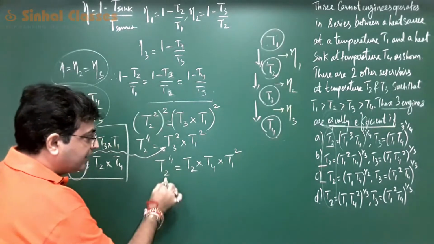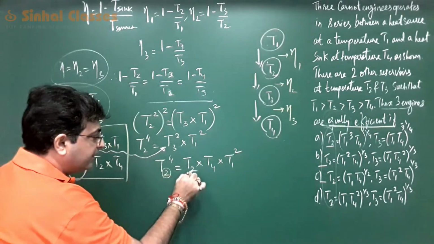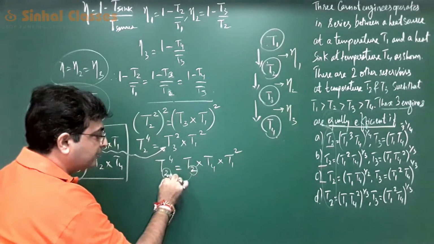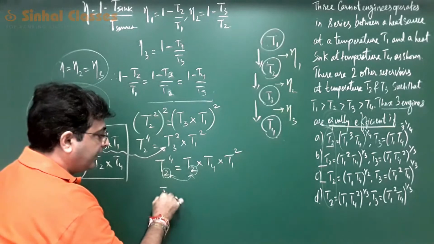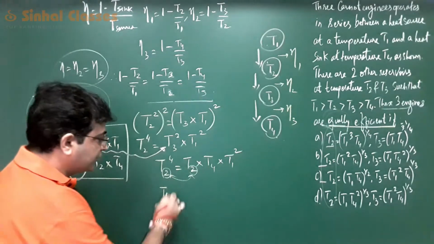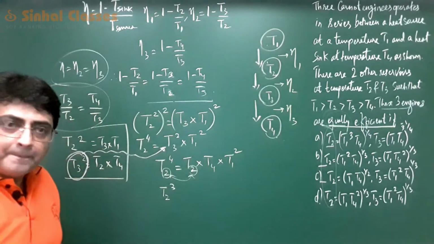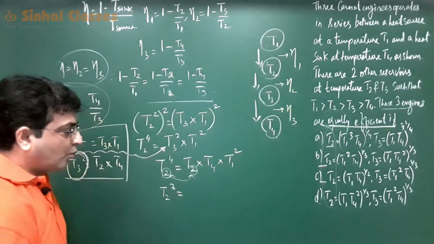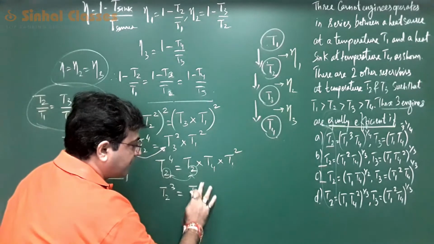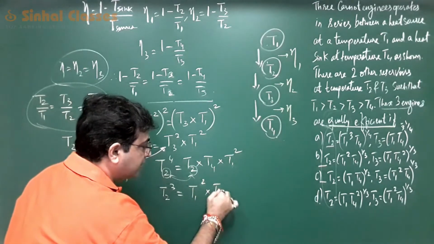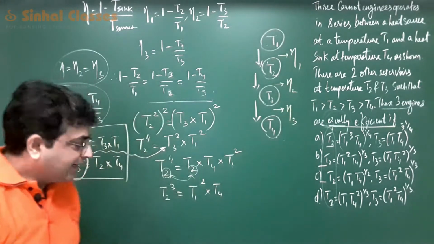This is your T2, and this is also your T2. If I solve this, this will be the denominator. So a raised to n upon a raised to n. This becomes T2 raised to the power of 3 is equal to, what am I getting? T1 raised to the power of 2 into T4, students.